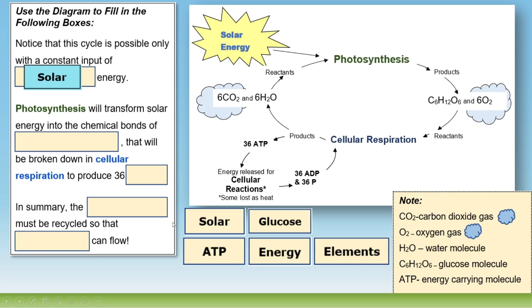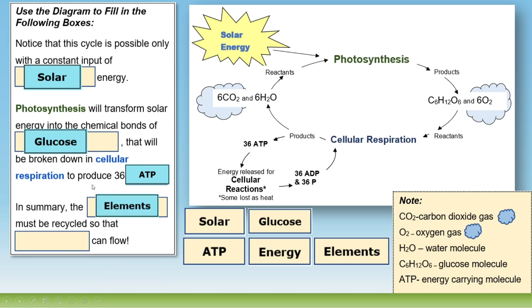Okay, so if you missed this earlier, you can go back a page and we can double check. So this is your little diagram that you filled out. So remember, the cycle needs a constant input of solar energy. Photosynthesis will transform solar energy into glucose that is broken down in cellular respiration and produces 36 ATP.